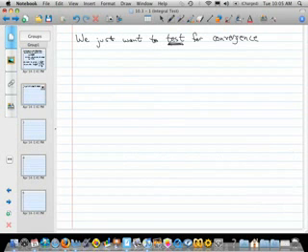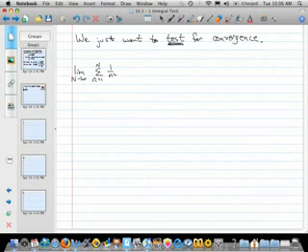So what we're looking at is this sum, n equals 1 to big N of 1/n squared, and we're doing the limit as big N goes to infinity of that thing.